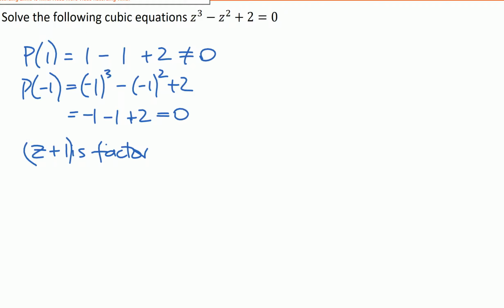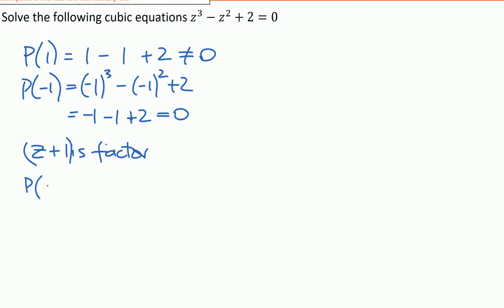Now, what could I go to next? Long division. I could also keep substituting the other values, but I'm not going to because this is an equation that we've just been told.